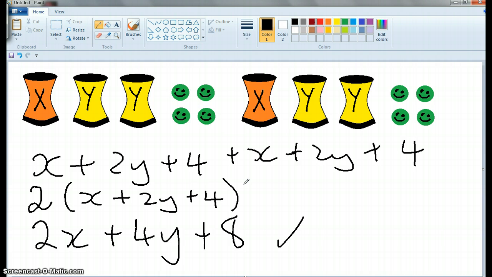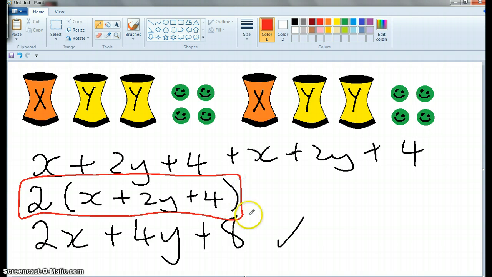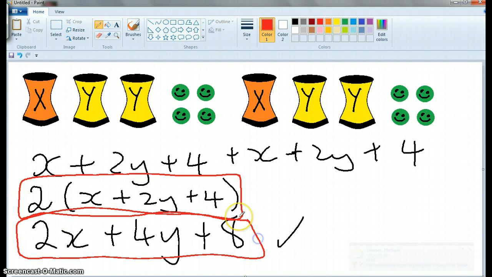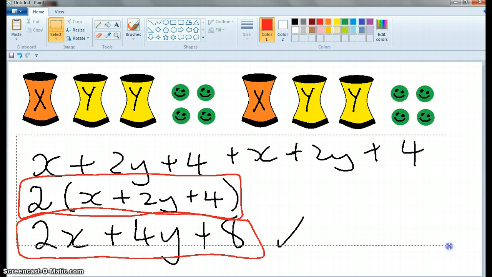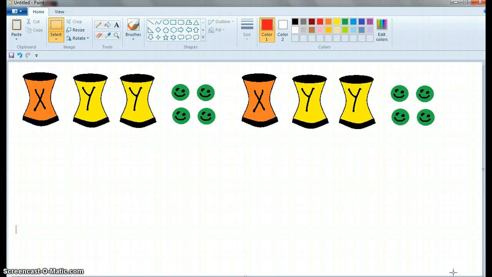Now, the lesson of today is all about expanding. So what we're actually doing is we've got expressions like that, and we're going to expand it to be like that. Okay, so let's see if we can do this again with another lot of this.